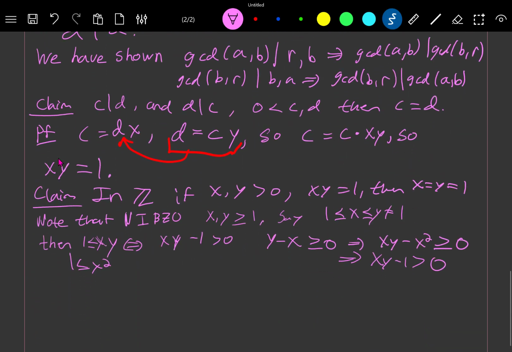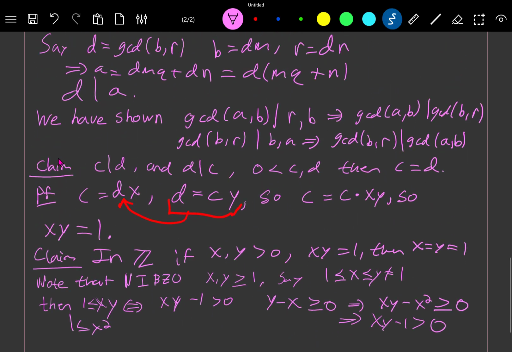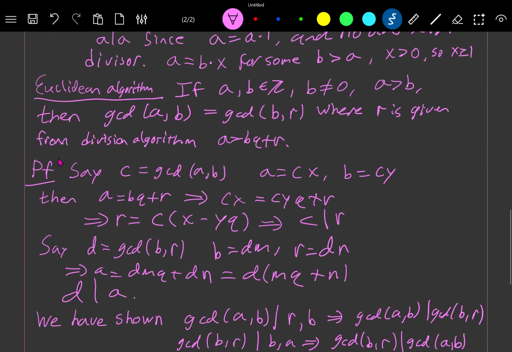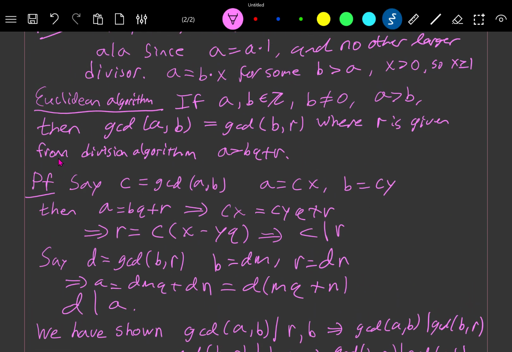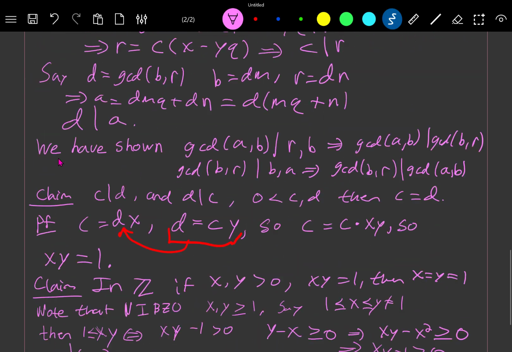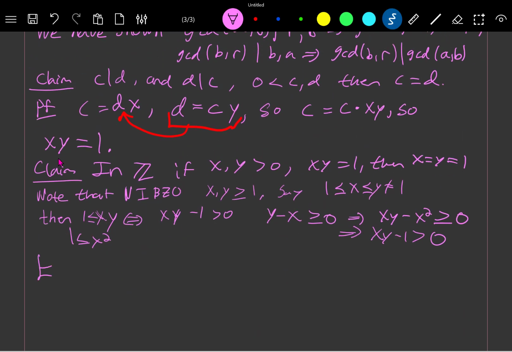But this isn't the whole story, because here I assumed that b is not equal to 0. So what is the greatest common divisor between a and 0? I claim this is a.